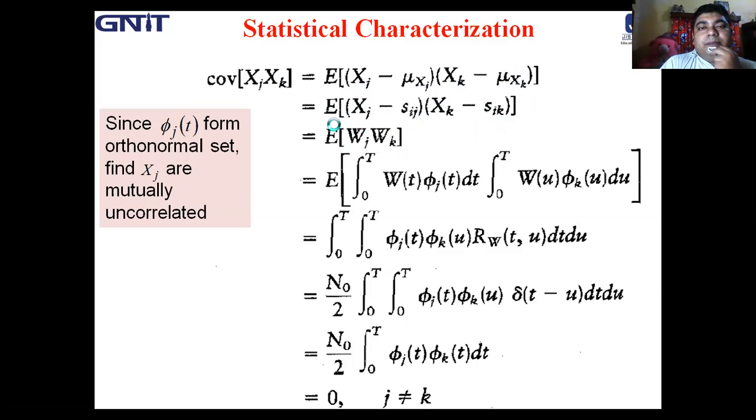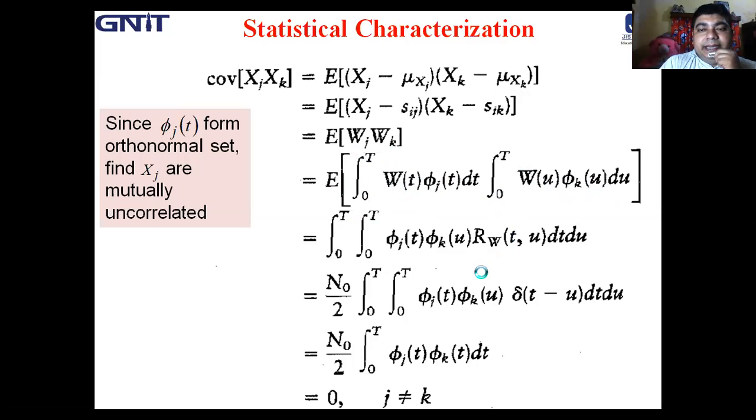The first term, xj minus sij, I already defined as wj, and the second term is wk. So the expectation of the integral from 0 to T of W(t) phi j(t) dt, and for wk, the integral from 0 to T of W(u) phi k(u) du.